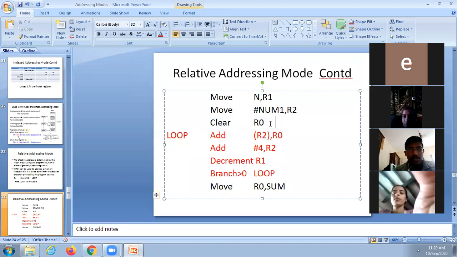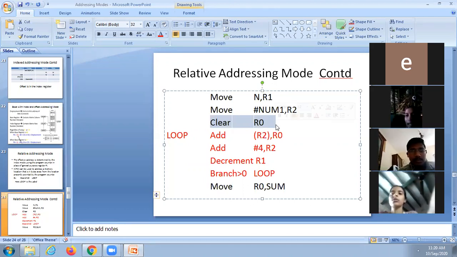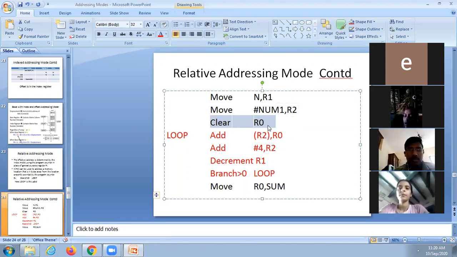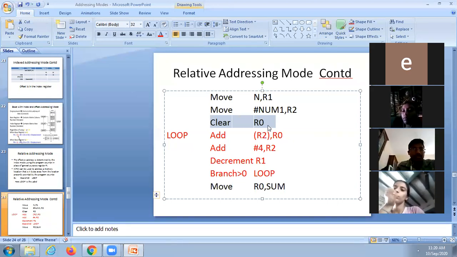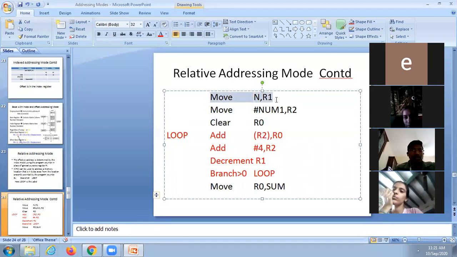So what type of addressing mode is it? Register addressing mode only. Clear R0. If the operand is a register, it is register addressing mode. It is very simple. What is the difference between these two? Here only one operand is there. Here two operands are there, nothing else.